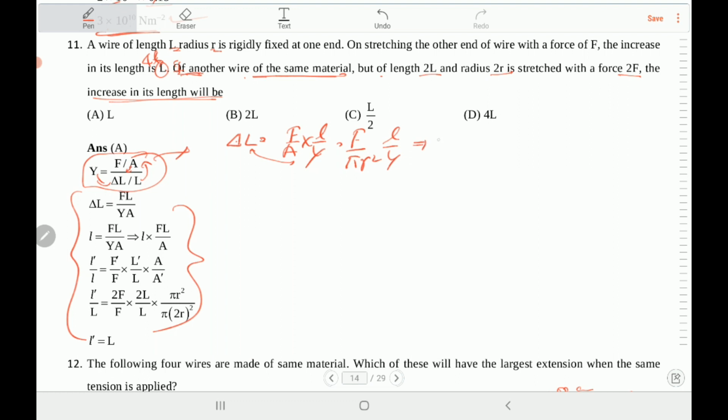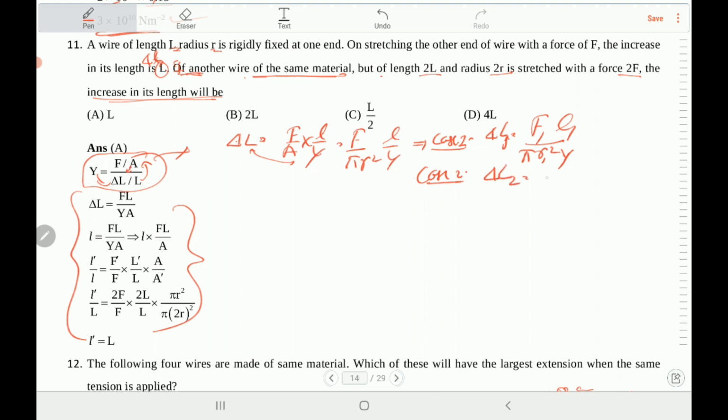This formula you have to apply for the first case. In the first case, increase in length, delta L1, let's write F1 L1 divided by pi R1 square Y. You are not writing Y1 because same material. Case 2, what do you write?